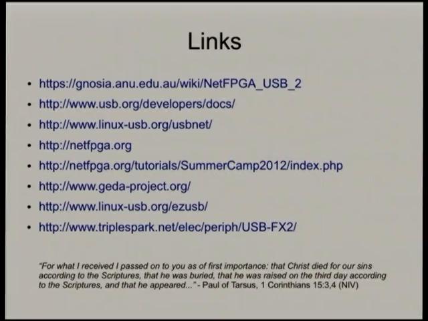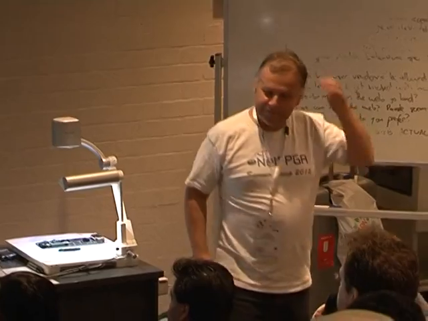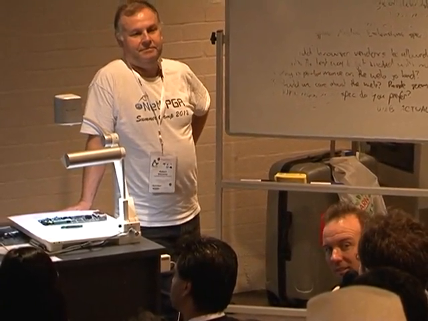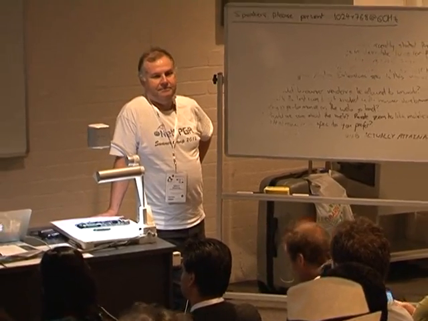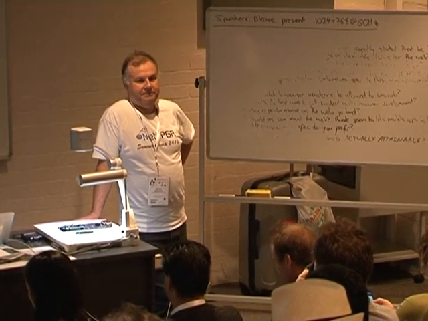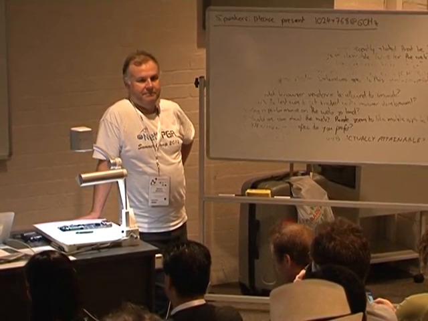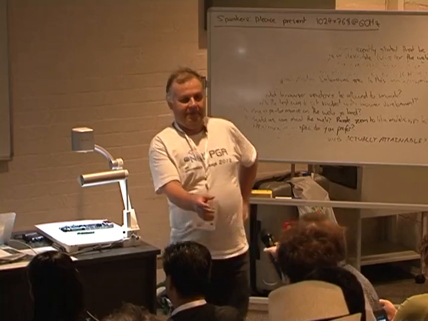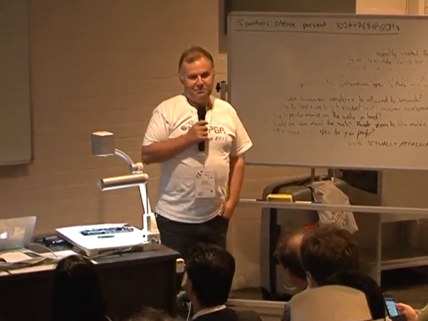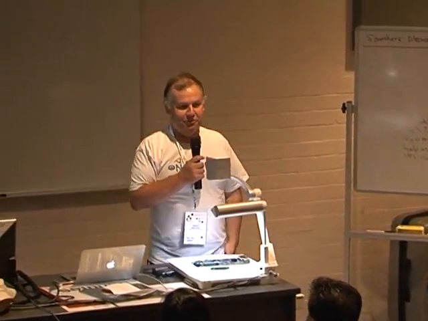Questions? Do you think the open source community needs to build one of these USB compatible cores so that projects like yours can use it? I think the open source community needs to build lots of open source cores. A PCI core would be a fantastic one to have.